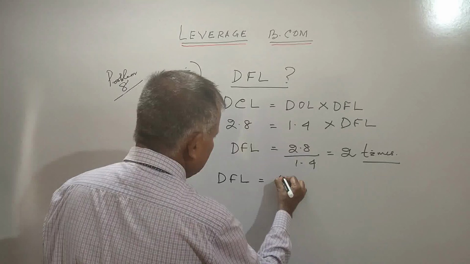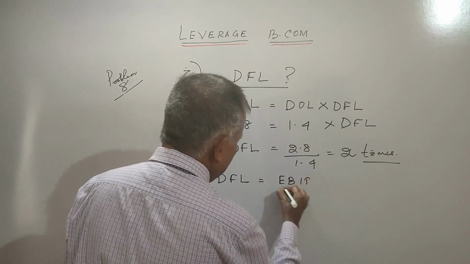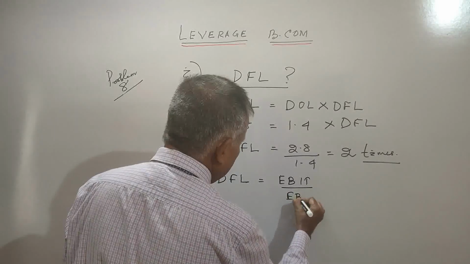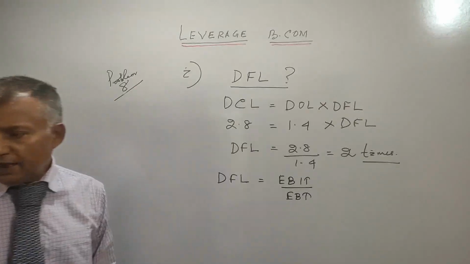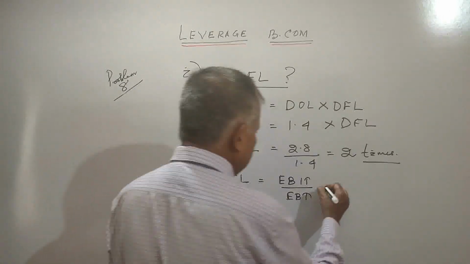Now we know that DFL is equal to EBIT divided by EBT. So DFL is equal to EBIT divided by EBT.